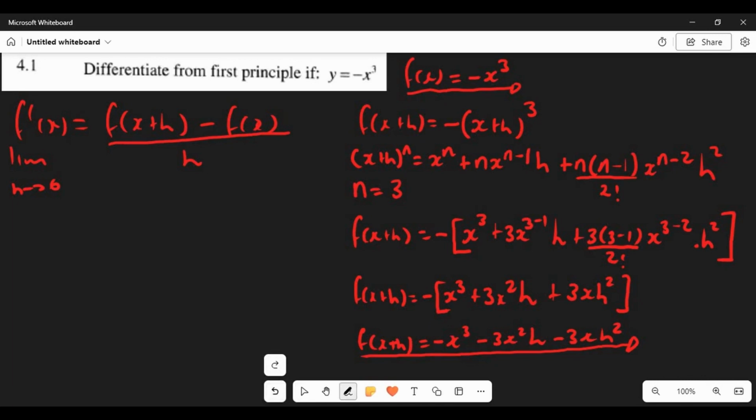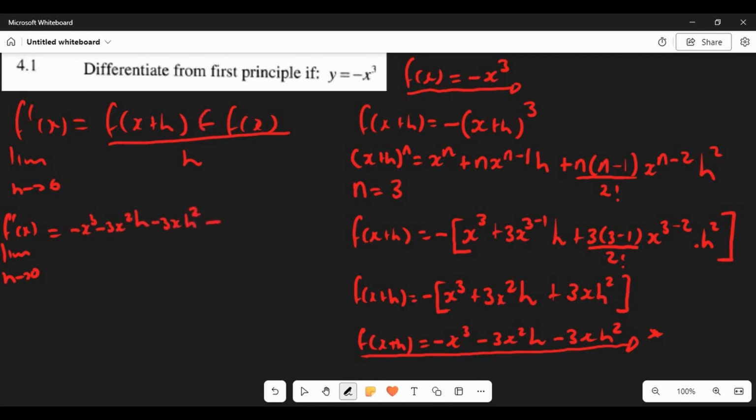So let's continue, guys, and do that. When you continue, do not forget to rewrite f prime of x equals the limit as h approaches 0. This is going to equal, wherever there is f of x plus h, you're going to put all of this. So we're going to have negative x cubed minus 3x squared h minus 3x h squared.